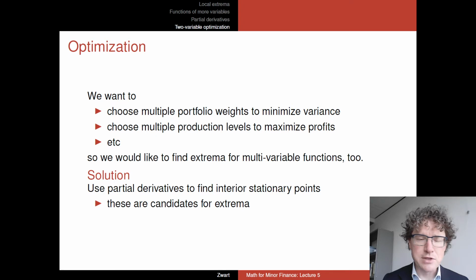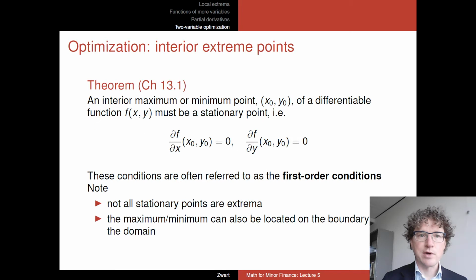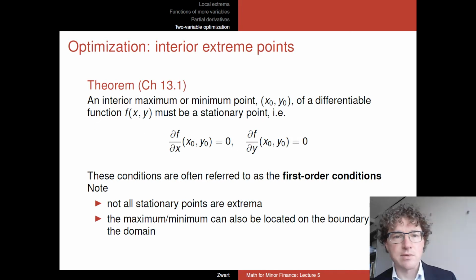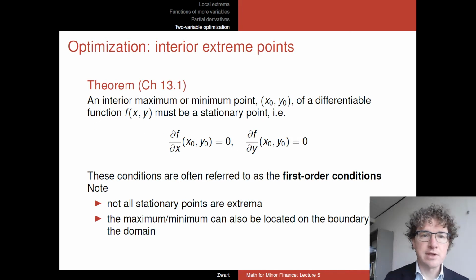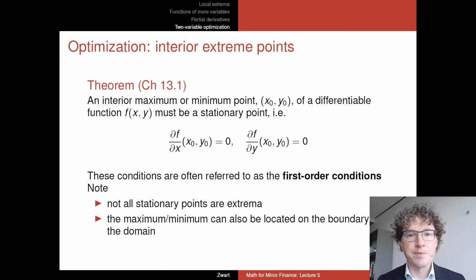And in order to look for stationary points, we now do not just have one derivative, but we have all the different partial derivatives to look at, and they all should be equal to zero for a stationary point. So basically that's what this theorem says, which is outlined in chapter 13. It says, if we have an interior maximum or minimum, and this function f is a differentiable, nice smooth function, then this interior extremum must be a stationary point.